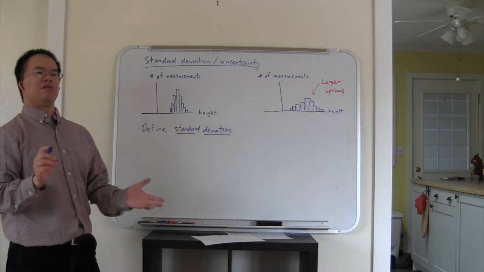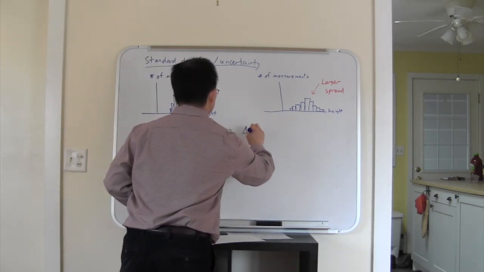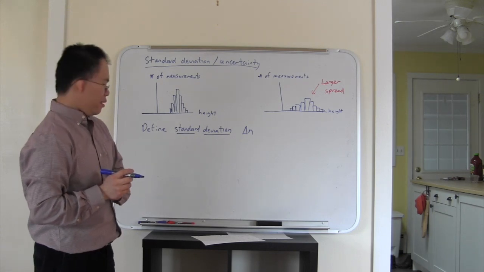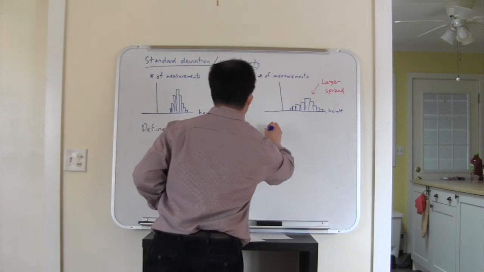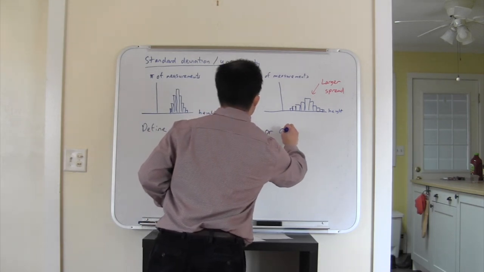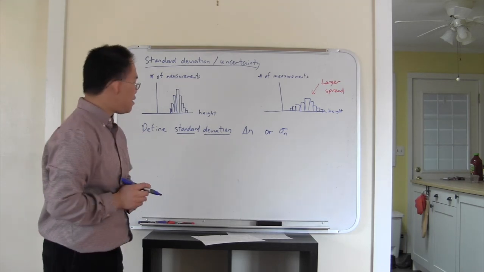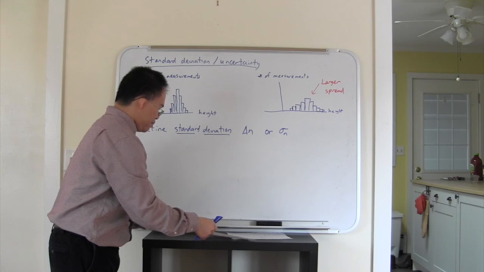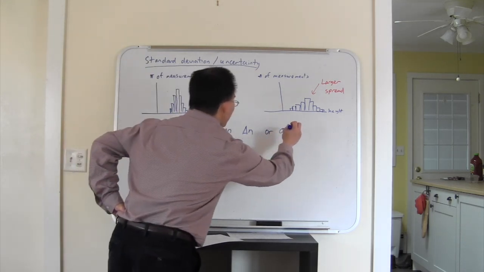So I'll just show you the two notations we might use. For quantum physics, we'll write delta n. Very often in statistics or in a lab context, you might see that written as lowercase Greek sigma sub n. And we define it in the following way.